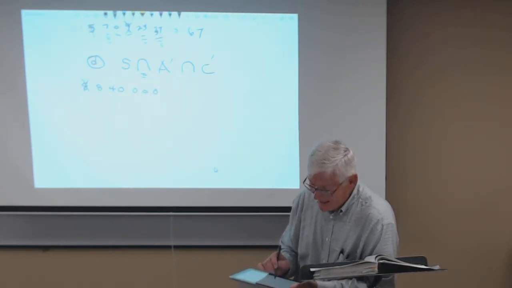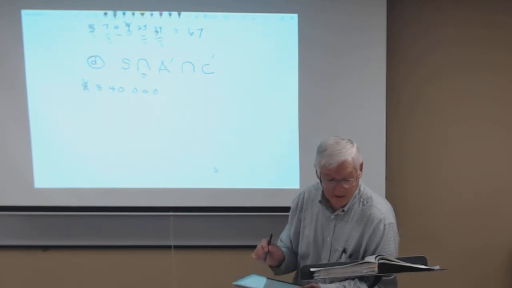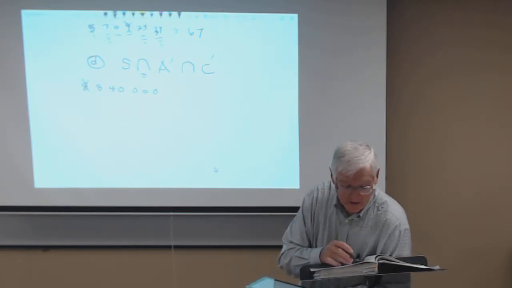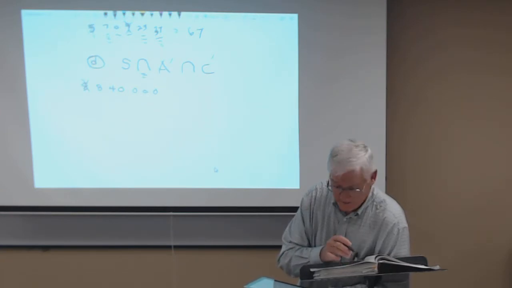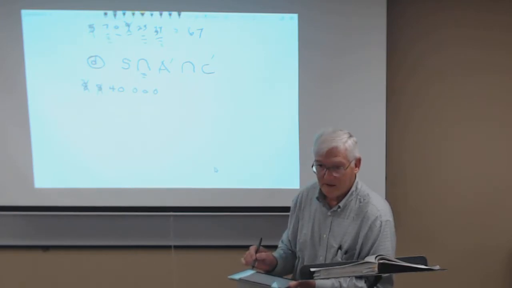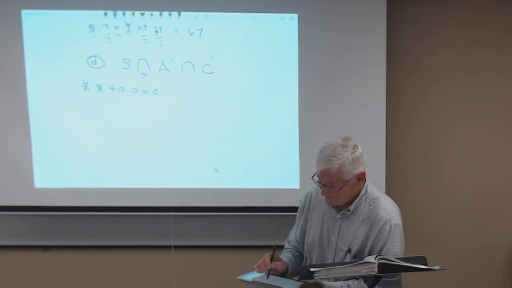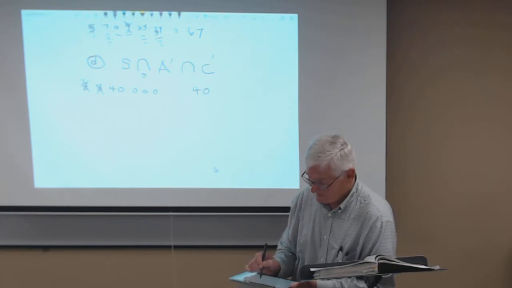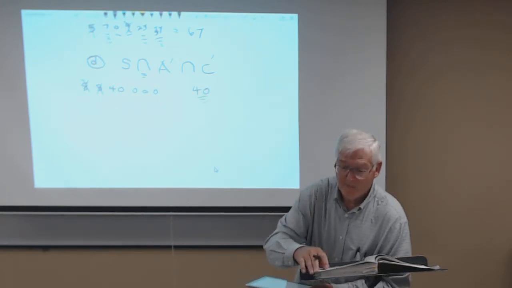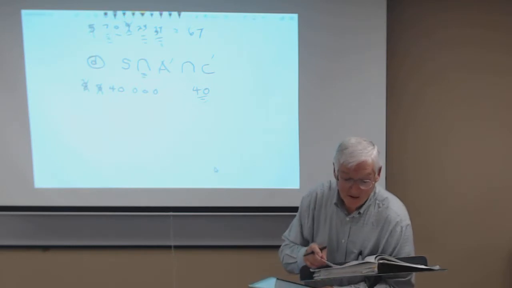Then where does that intersect with the complement of C? Where does it intersect with C? At the other 8? Yeah. But I don't want that. I want the complement. So what's the answer? 40. There you go. The more you look at it, the more it starts to make sense.